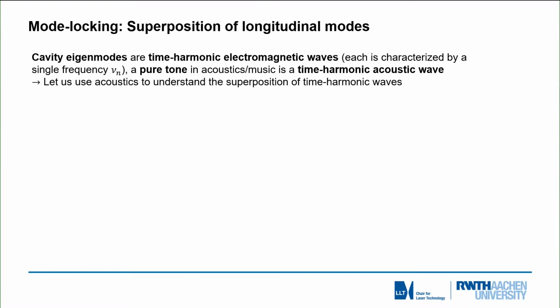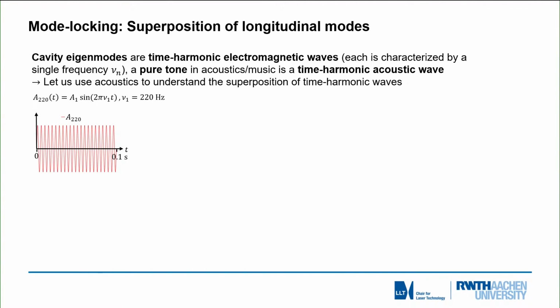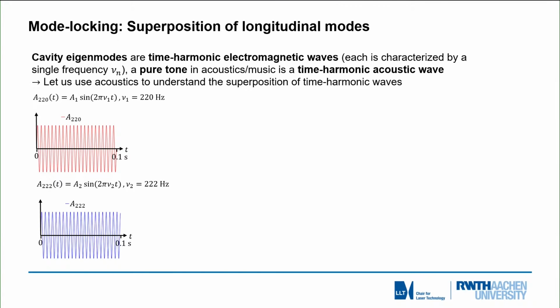So in the next picture, the same situation is displayed, just with a different example. So again, we have the starting tone, and now we superimpose it with a little different tone. In this case, it is 222 Hertz.